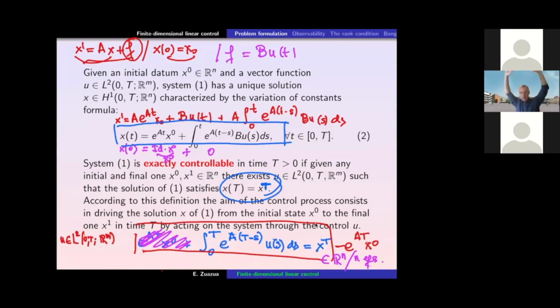Maybe the building is huge. Maybe I have 352 offices. So n is 352. But the number of equations here will always be finite when I am working in this finite dimensional setting, while the controls are depending on time and are therefore living in the Hilbert space of functions that are measurable and square integrable with values in Rn.